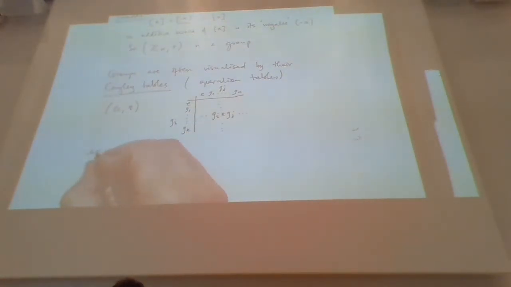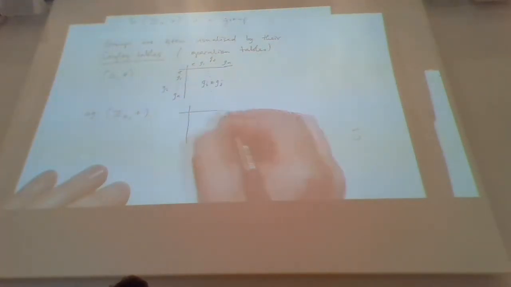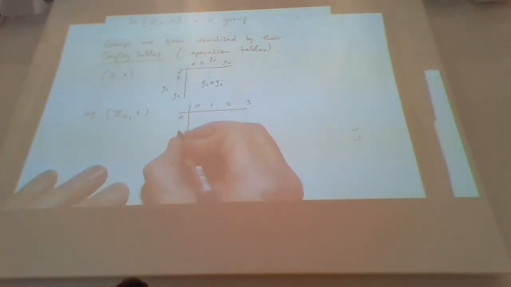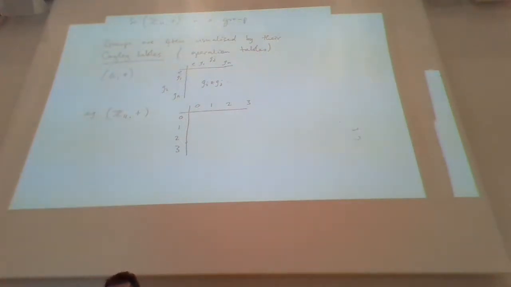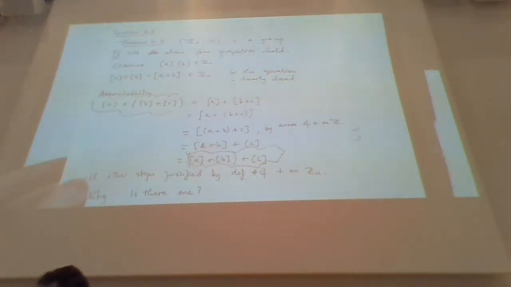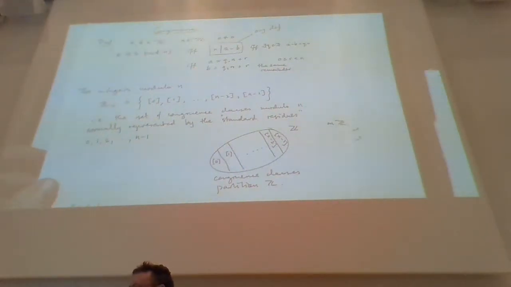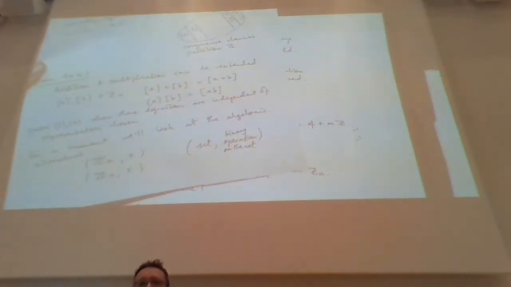So, for example, let's have a look at the Cayley table for Z4. There are 4 congruence classes. If you look at the previous pages, we had square brackets all over the place.